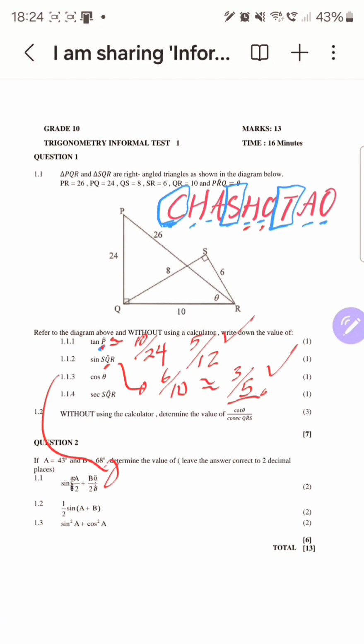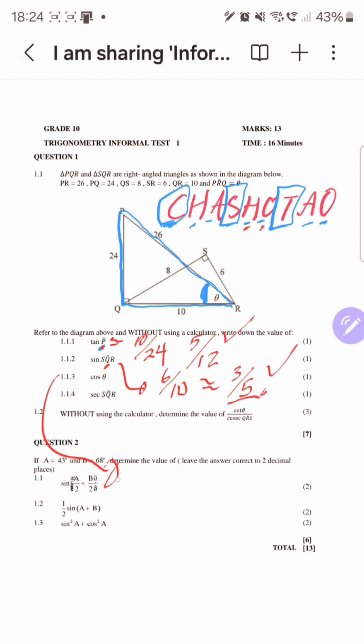They say cosine theta. We're still looking at theta. Theta is in triangle PQR, so we now focus on this triangle because that's where our theta is.